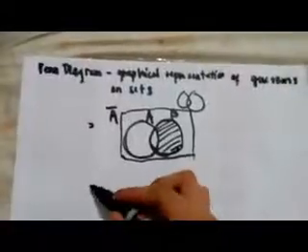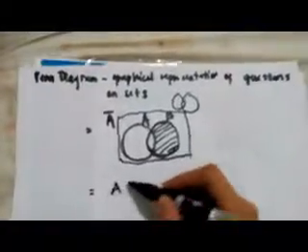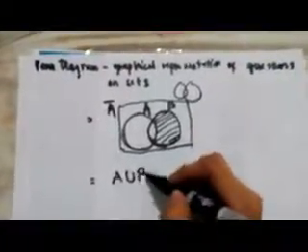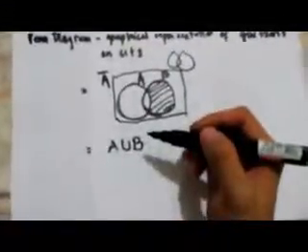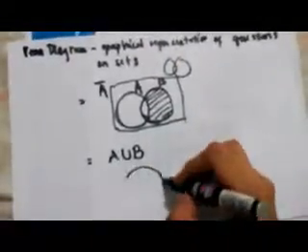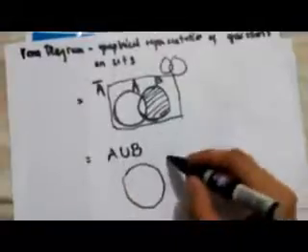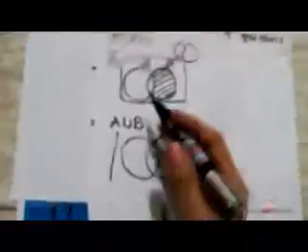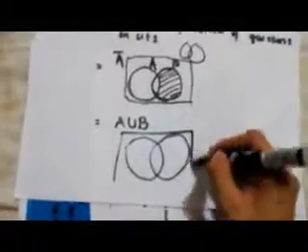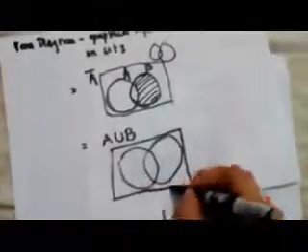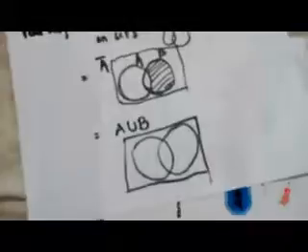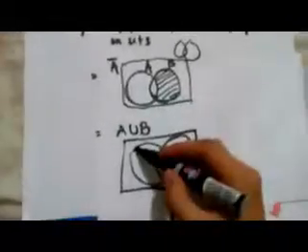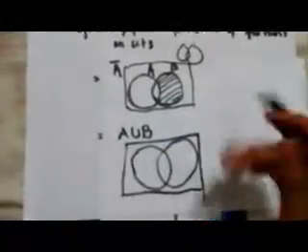So let's say A conjunction B. Remember conjunction? It's always positive. By the way, this square or rectangle is the universe of the question, or the world the variables are in.